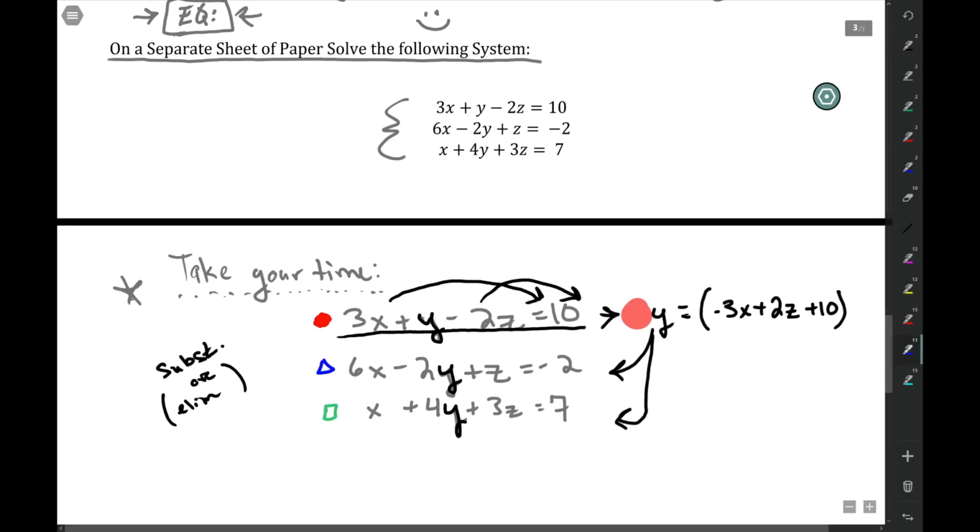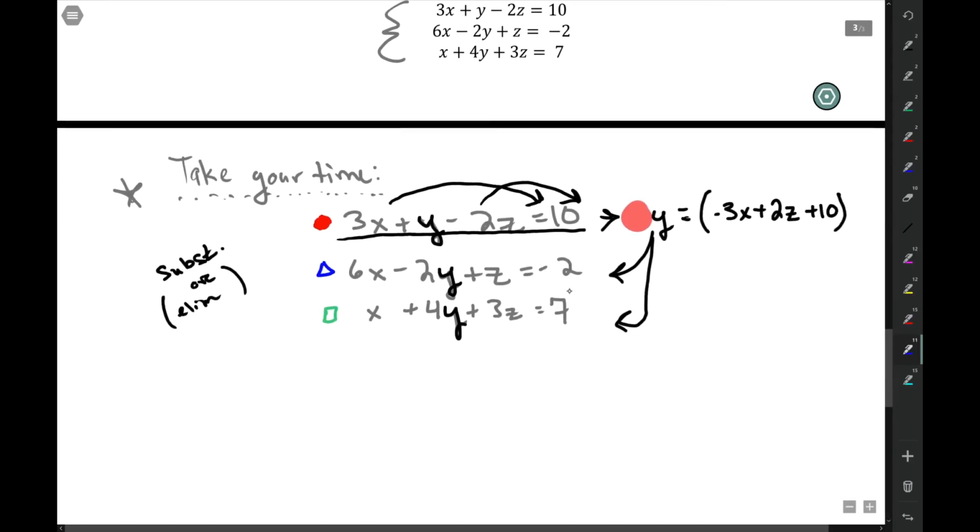So now, new and improved triangle, okay, with our y is 6x minus 2. We just found that y is really negative 3x plus 2z plus 10. What else do we have?